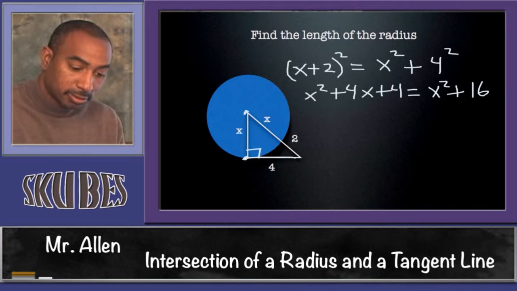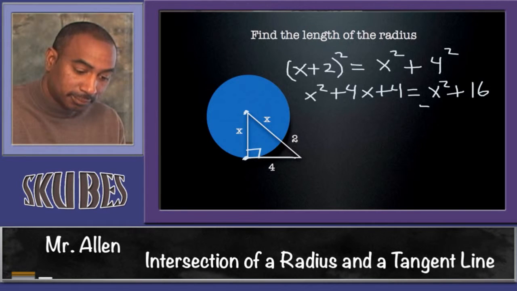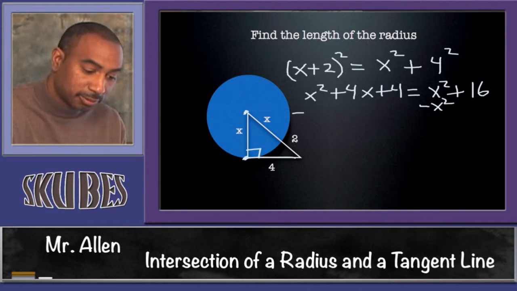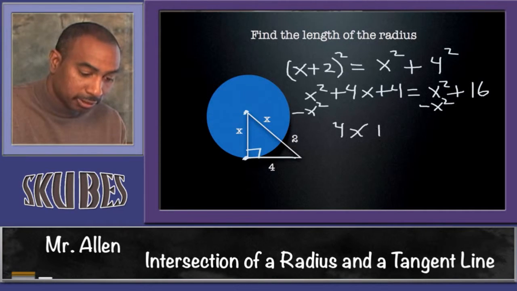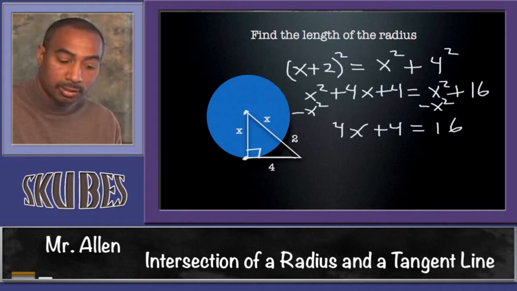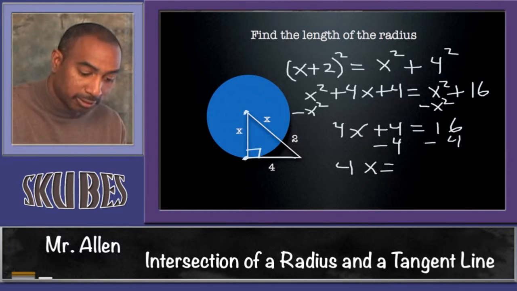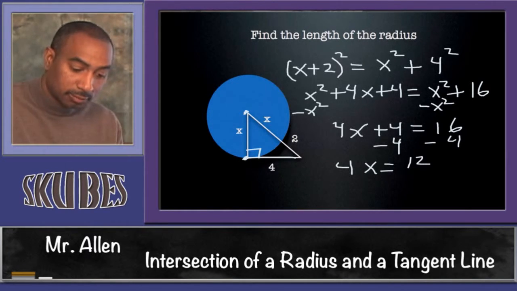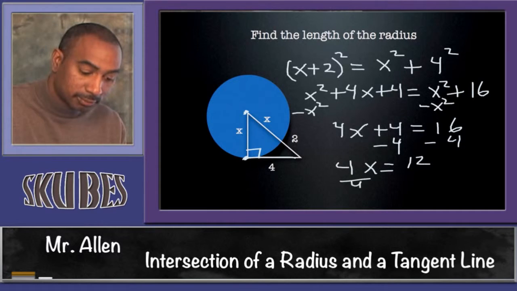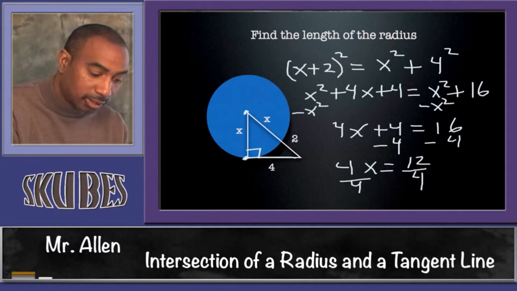And if you notice, x squared will cancel out because you can subtract that from both sides. And you're left with 4x plus 4 equals 16. Subtracting 4 from both sides, you get 4x equals 12. If I divide both sides by 4, I get x having a value of 3.